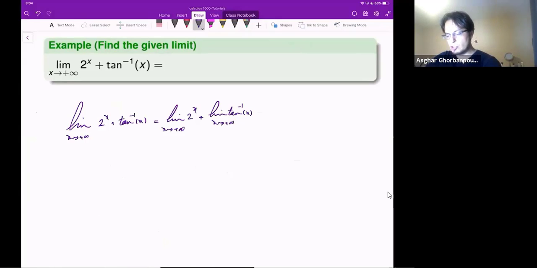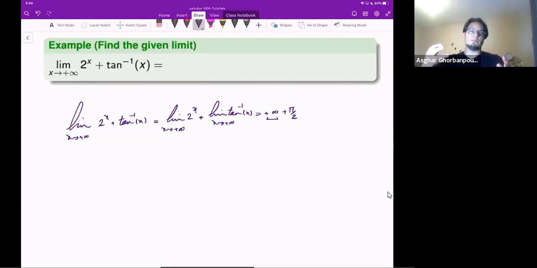As x goes to infinity, 2 to the power x, you multiply 2 by itself as many times as you can. This is going to be plus infinity, and the limit of tan inverse x as x goes to plus infinity is pi over 2. So you're going to have a large number.